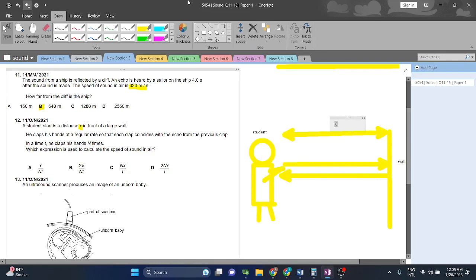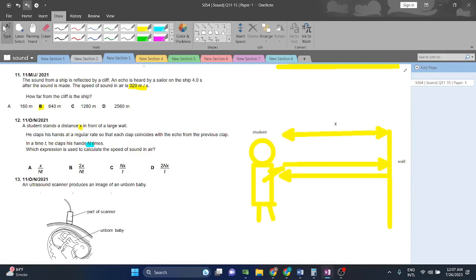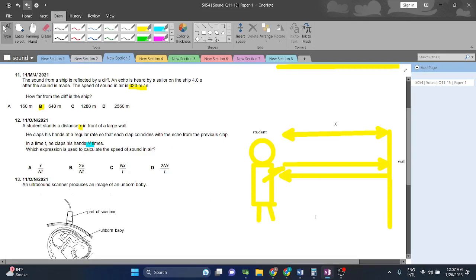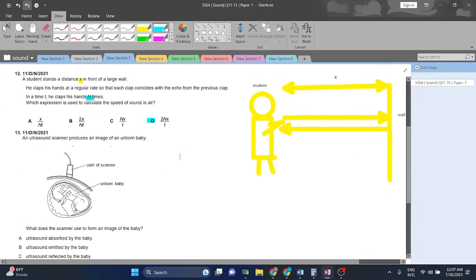Then we take the number of claps, so we multiply 2x by n and divide by the time, because speed is equal to distance over time. So 2x times the number of claps divided by time gives us the speed of sound. Having said that, let's move on to question 13.